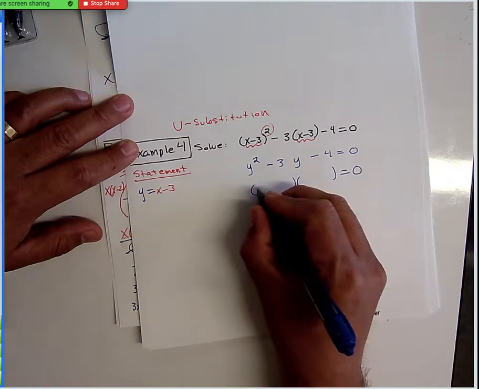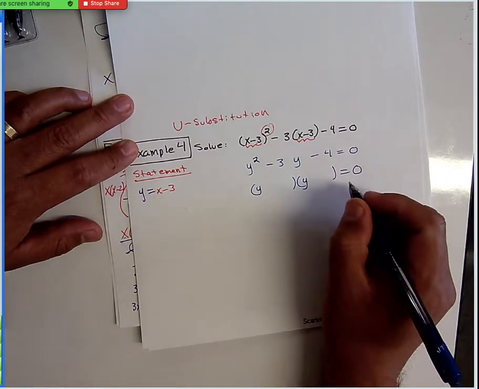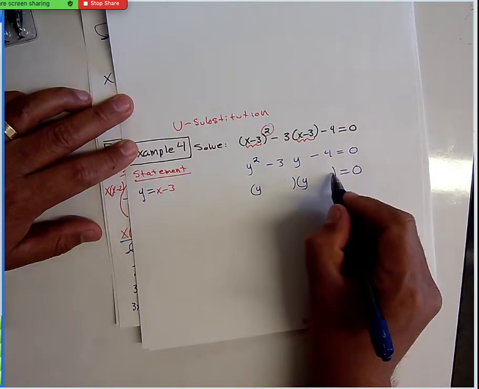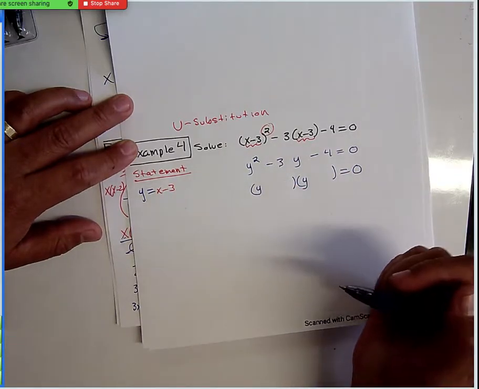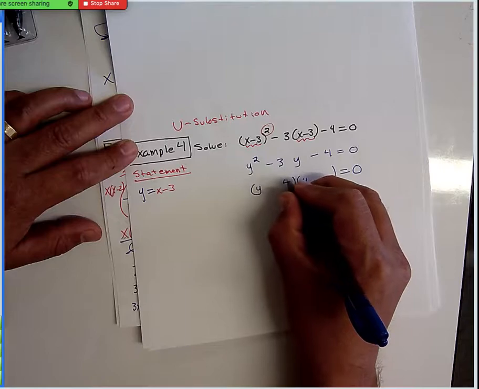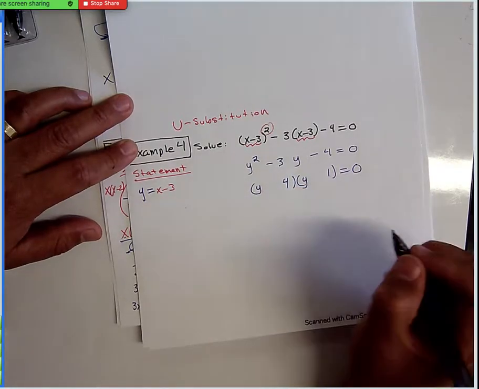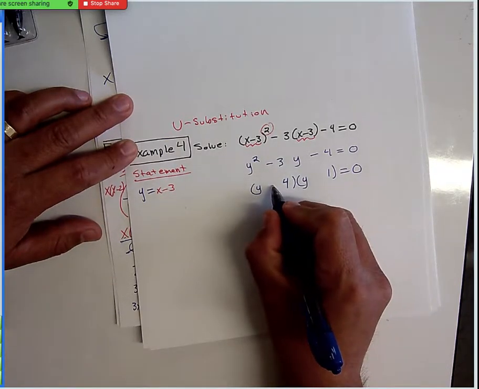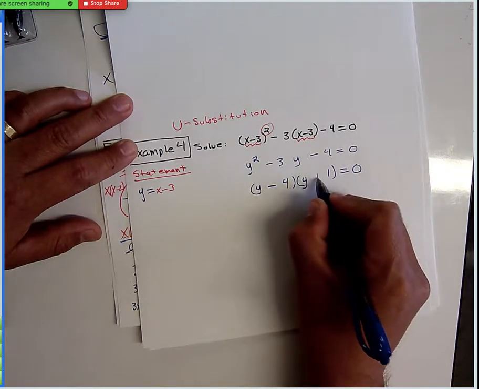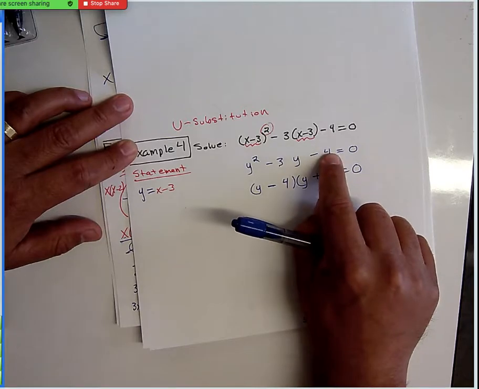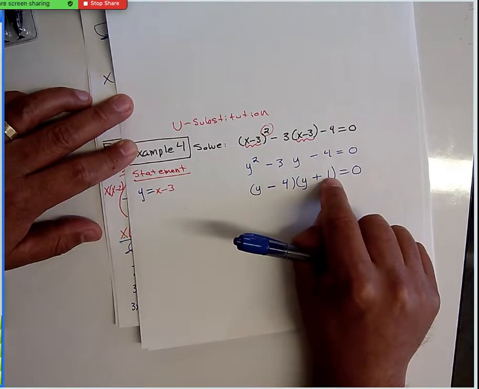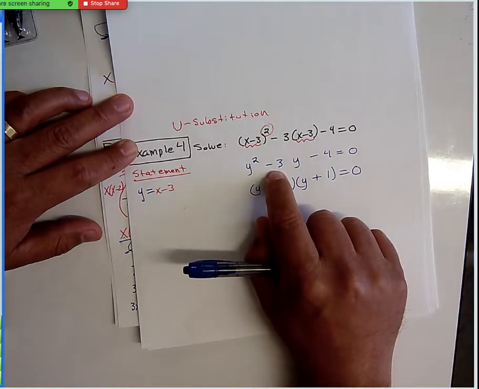So I'm going to use y here. You need to find two factors that multiply to this and add to that one. I think it's going to be 4 and 1. This one has to be negative and that one has to be positive. Negative 4 times 1 gives you negative 4. Negative 4 plus 1 gives you negative 3.